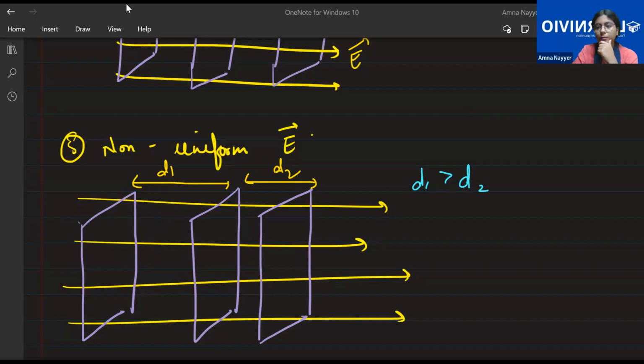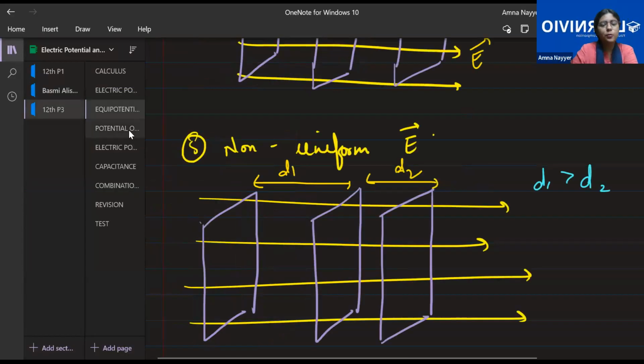No, it is non-uniform. In electric field lines, we discussed that when you have to represent non-uniform electric field lines, they are not parallel, they are not equidistant. Okay.